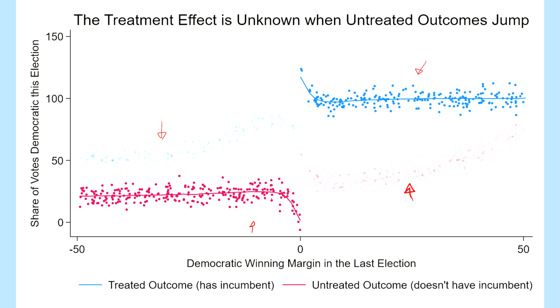For example, it could be the case that the treated outcomes on average really do go up like this. And it could be that on the left-hand side, the untreated outcomes really go down like that. So just the fact that you're seeing these odd dips on the right-hand side and on the left-hand side don't necessarily mean that there's anything wrong with the RD strategy.